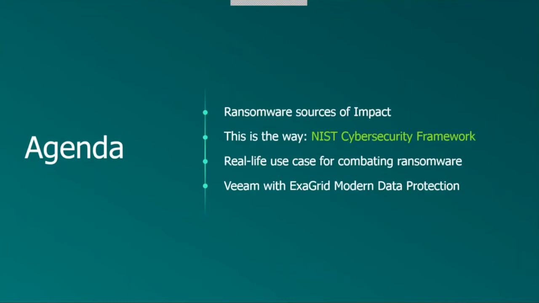Right, so this is my agenda. To start out with, a quick update on what are the sources of impact that are coming in from the bad actors, the ransomware threat actors out there. So we'll take a look at the recent survey, I'll say the most recent survey from last year, and then we'll go into a framework. Why do I want to start off with a framework? There are multiple frameworks that you can follow.